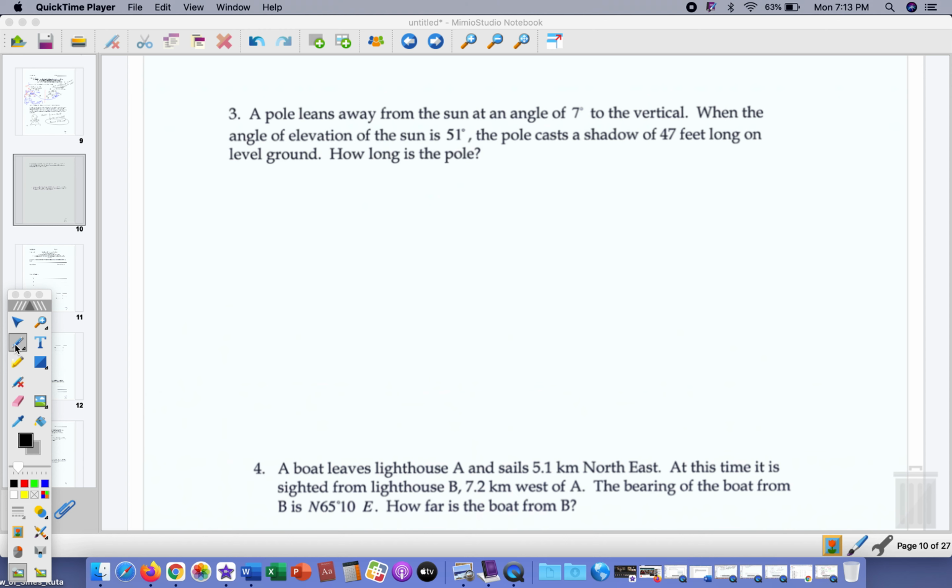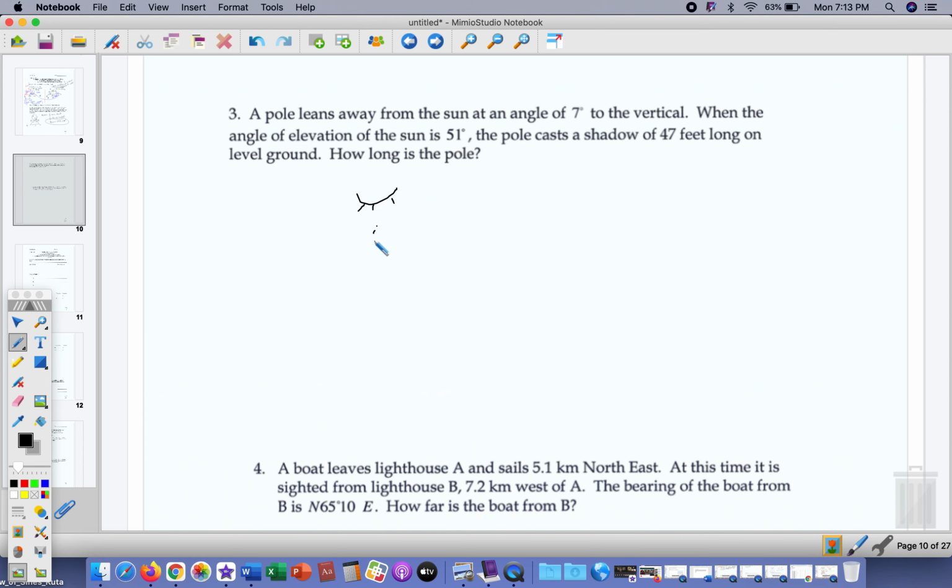Problem: a pole leans away from the sun at an angle of 7 degrees to the vertical. So if right here we have the sun, and here's a vertical down to the ground, and the pole leans away from the vertical, away from the sun, so we'll say that this is the pole.